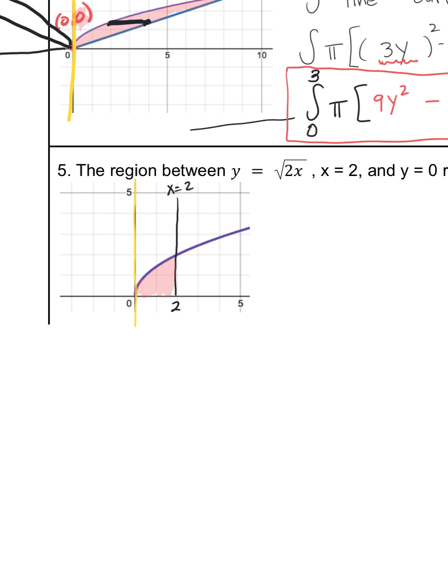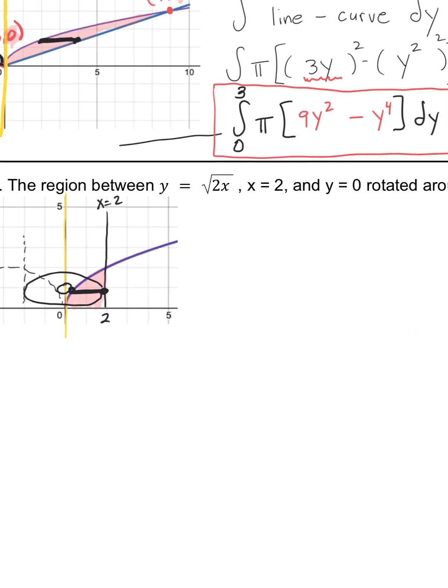If we shade that in, and then we put in our rectangle, remember this is a horizontal rectangle. So the point on the line is farthest away from the axis of rotation, and the point on the curve is closest to the axis of rotation. If we reflect those, we can see our inner ring connects the curve, and the outer ring is the line.